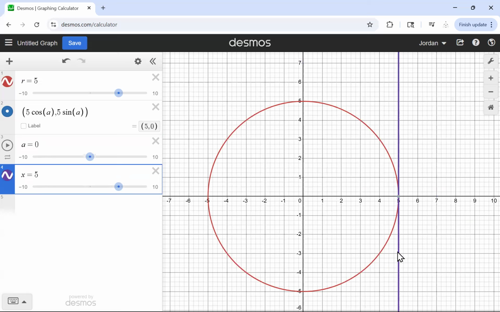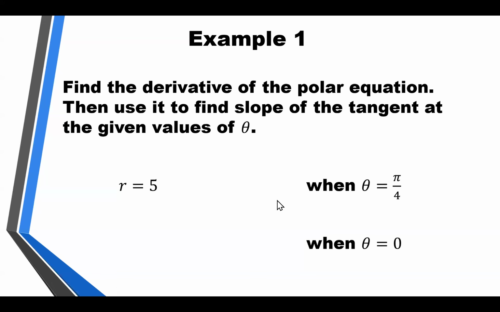It's a vertical tangent line. So that should make sense why when theta equals pi over 4, we get a slope of negative 1 for our tangent. And when theta equals 0, we get a vertical tangent on the r equals 5.